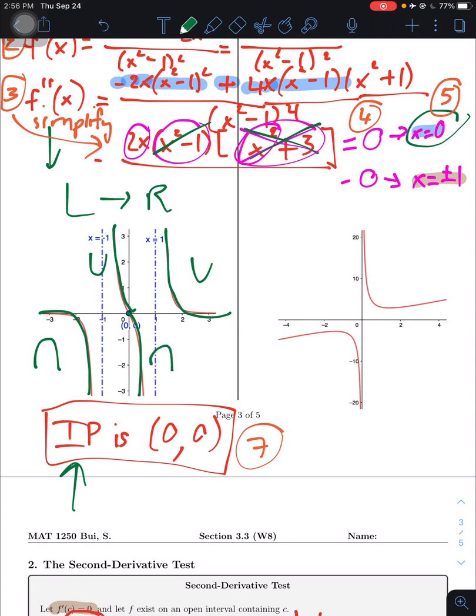So from here to here, it changes the shape, and from here to here, it also changes the shape, and from here to here, it also changes the shape. So we should have 3 inflection points, right?